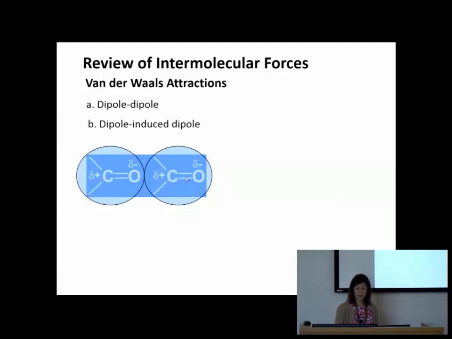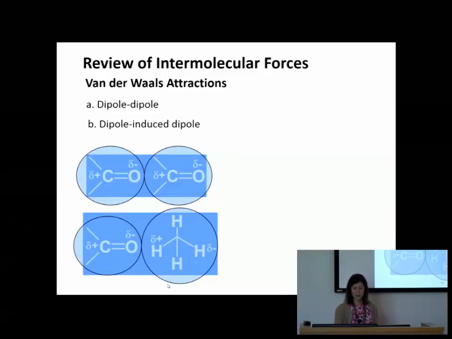Induced dipole. Now, remember when you learned about where electrons were in a molecule? It's a probability, okay? And there's a natural swishiness or probability of where they might be. And so what happens is, here's methane. Right here, this is carbon, CH4. And it's a nonpolar molecule because the vectors cancel. In a tetrahedral, they cancel.